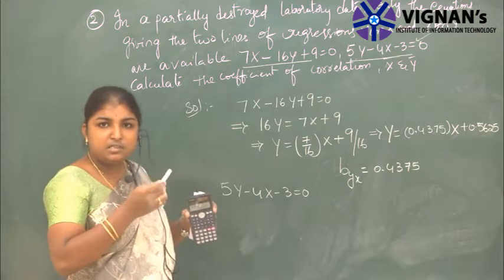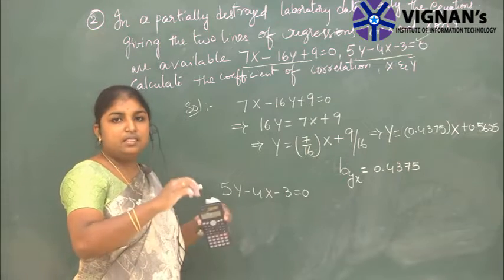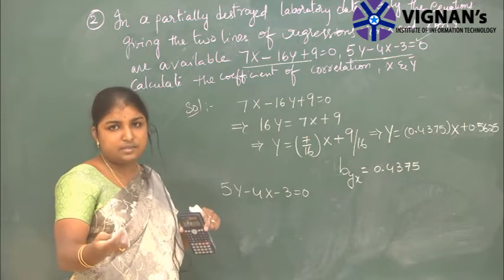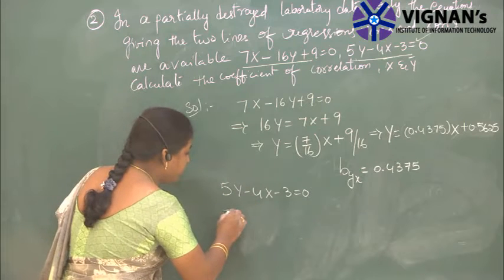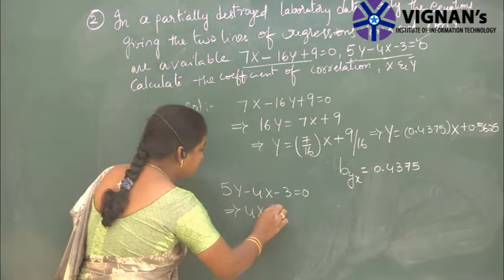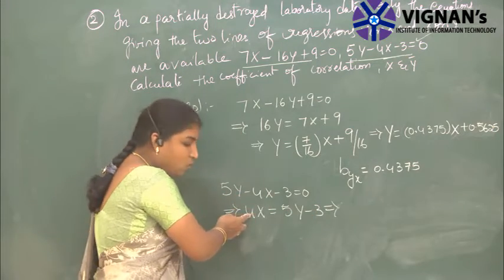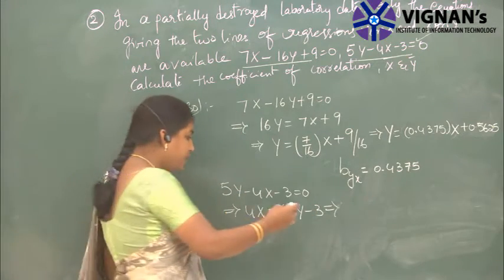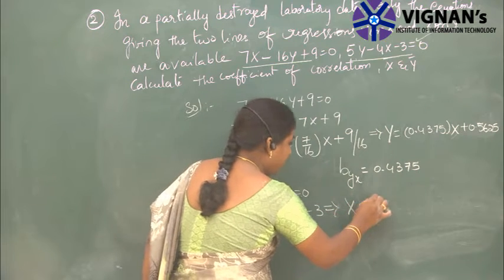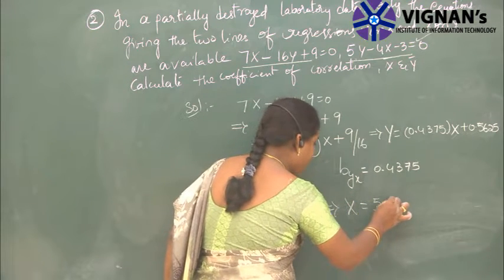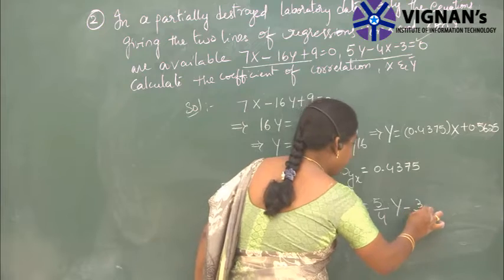For the x on y line, we keep the x term on the left hand side and the y and constant terms on the right. So 4x is equal to 5y minus 3, and taking 4 to the other side, x is equal to 5 by 4 y minus 3 by 4.